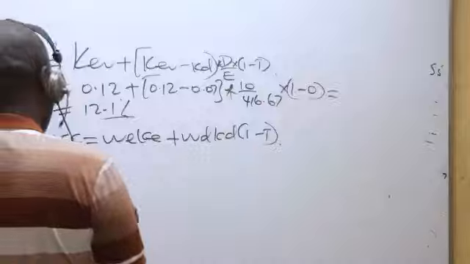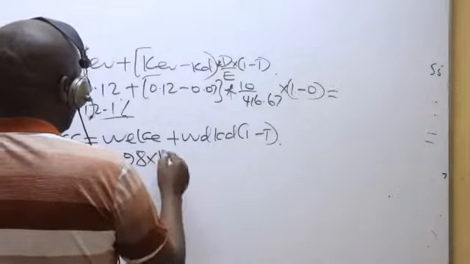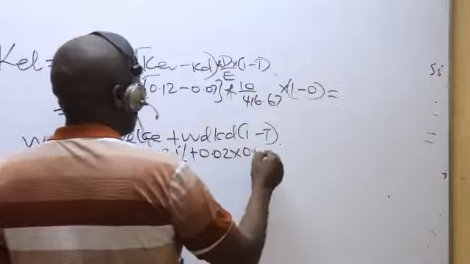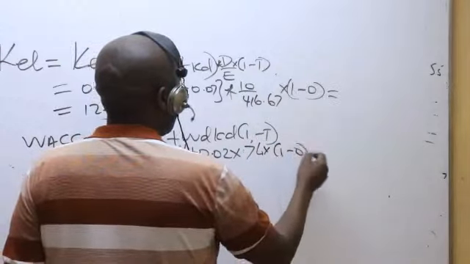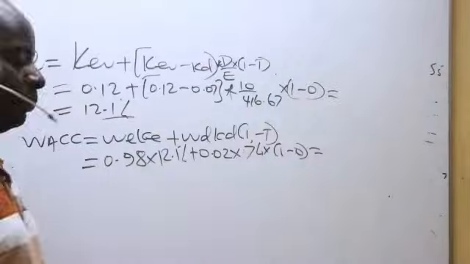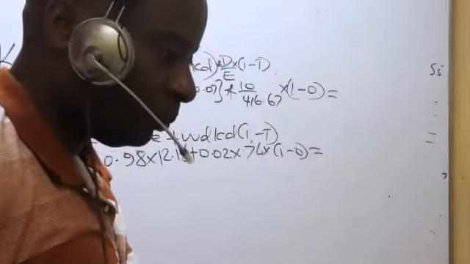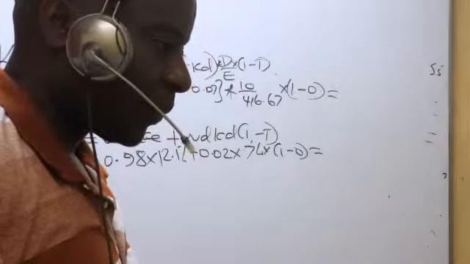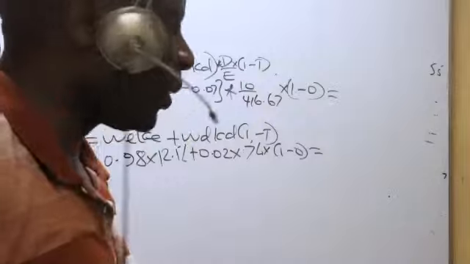Weight of equity, you gave me 0.98, times cost of equity, which is 12.1%. Weight of debt is 0.02 times cost of debt 0.07, that's 7%, times 1 minus 0, which will end up giving me what figure? $12.02.